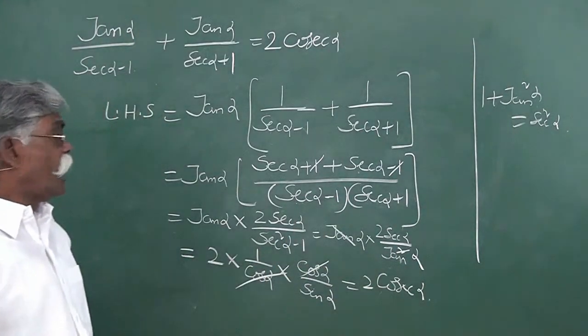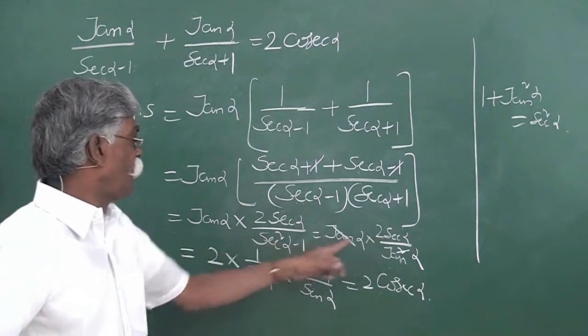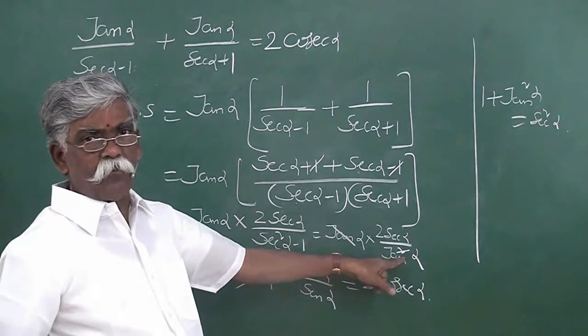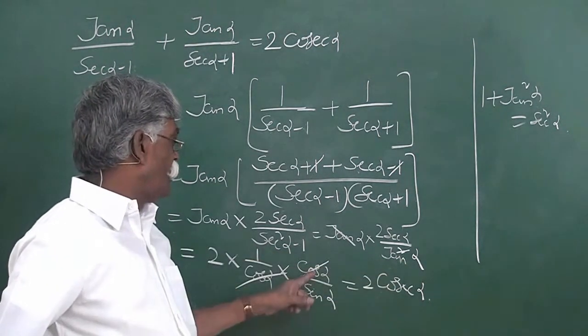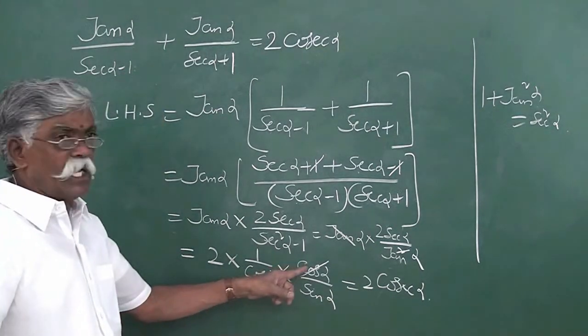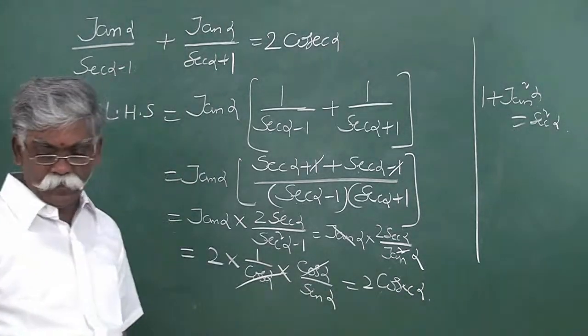Now, if we write them in terms of sine and cos, 2 into secant alpha is 1 by cos alpha. And tan alpha is sine alpha by cos alpha. If we reverse it, it is cos alpha by sine alpha. This cos gets cancelled. Therefore, it is 2 into cosecant alpha.